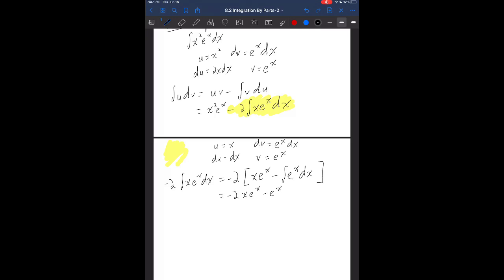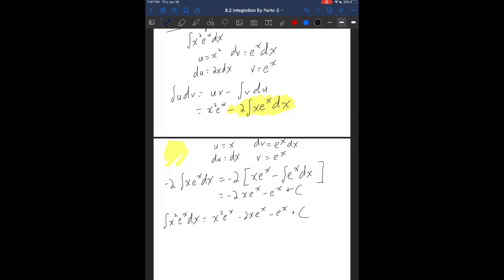So combining this with this x squared e to the x we had before, we get that our integral of x squared e to the x dx, and I did forget a plus c there, is equal to x squared e to the x minus 2x e to the x minus e to the x plus c.